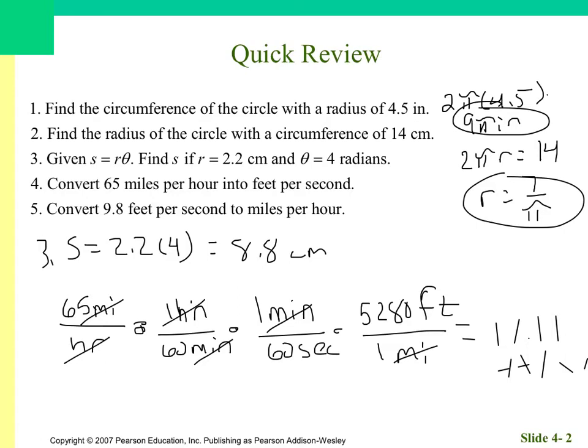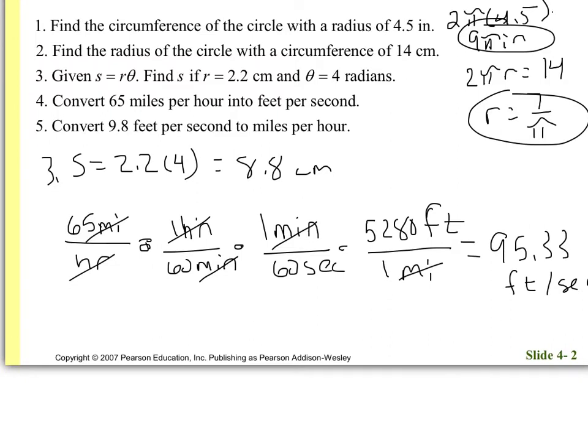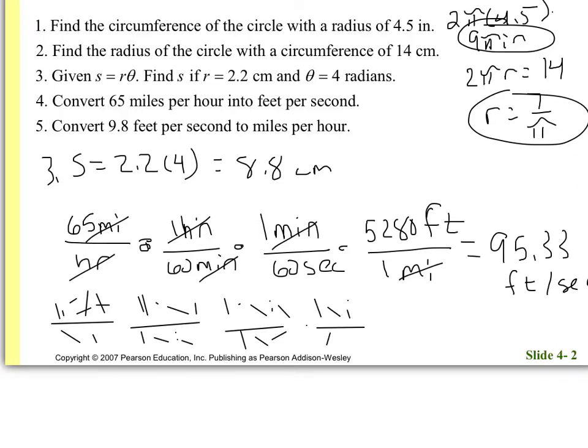So convert 9.8 feet per second to miles per hour. So you got to do the opposite there. So you start with the 9.8 feet per second. Well, there's 60 seconds in 1 minute, and then there's 60 minutes in 1 hour, and then there's 1 mile and 5,280 feet.